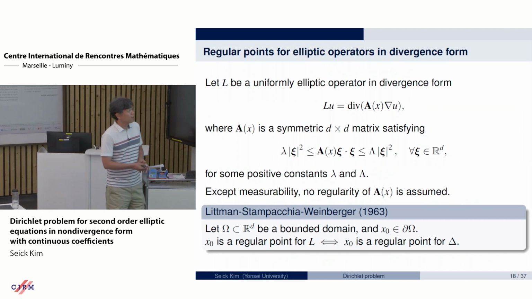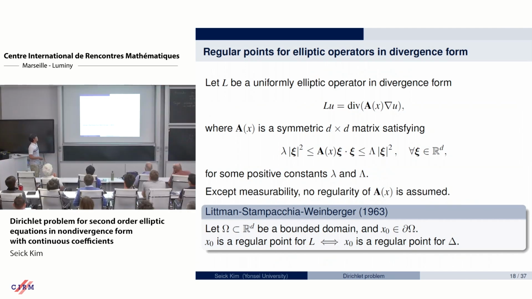Okay, then let me move to elliptic equations in divergence form. If you have an elliptic equation in divergence form with bounded measurable coefficients with a uniform ellipticity condition, then there is a famous theorem by Littman, Stampacchia, and Weinberger saying that a regular point of this L is exactly the same as a regular point of the Laplace operator.